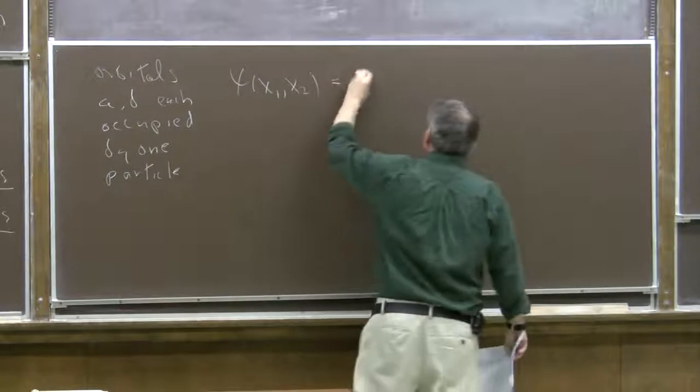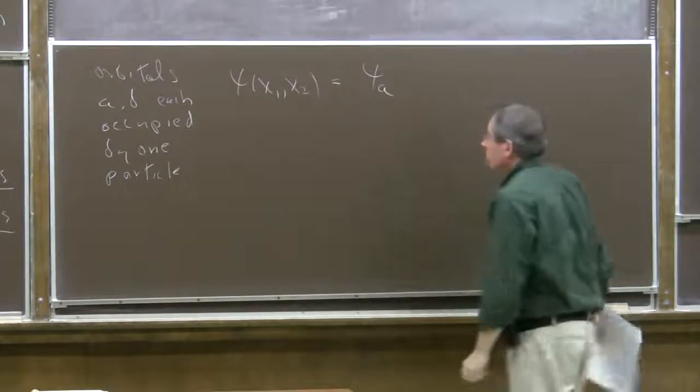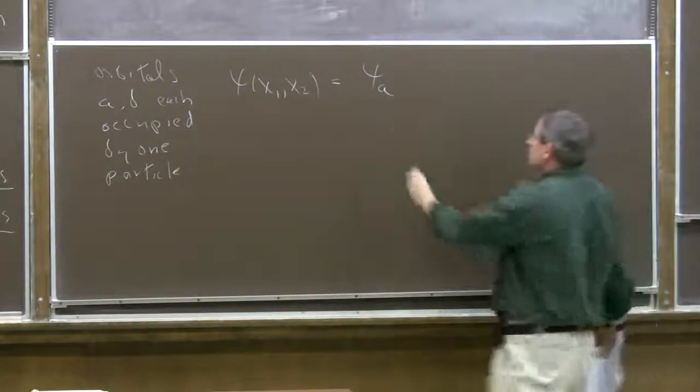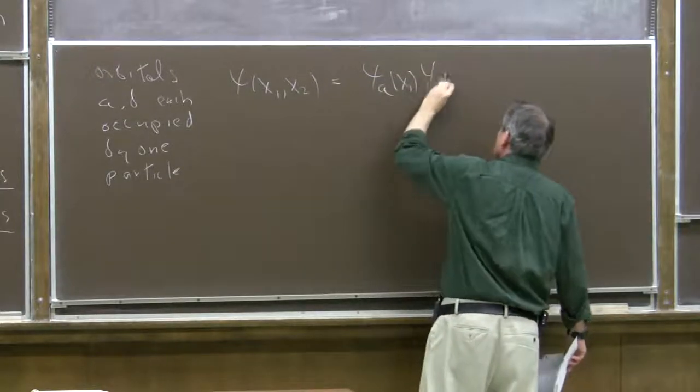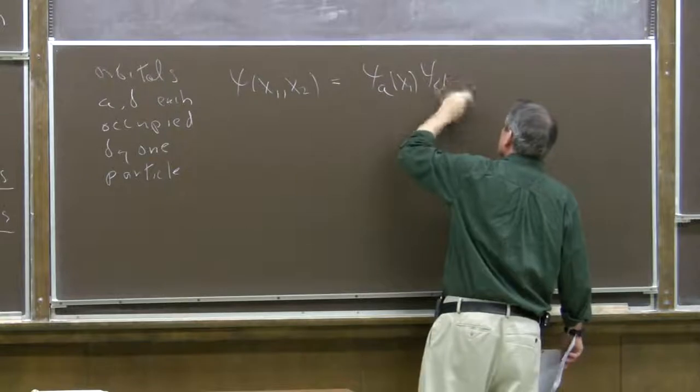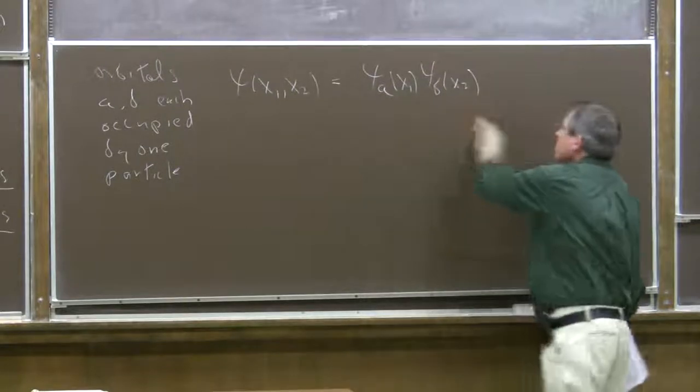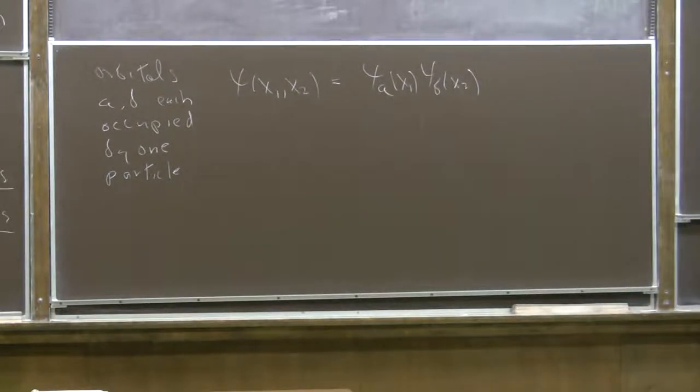So I could write it as the wave function in orbital 1 as a function of position x1 times the wave function for orbital 2 as a function of position x2. Okay, except that's not symmetric or antisymmetric.